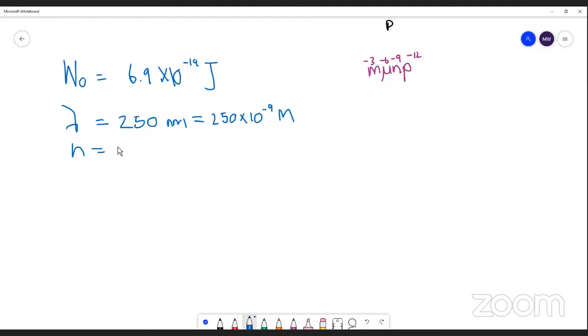H is your Planck's constant, which is always 6.63 times 10 to the negative 34 joule seconds. And C is equal to 3 times 10 to the 8 meters per second.